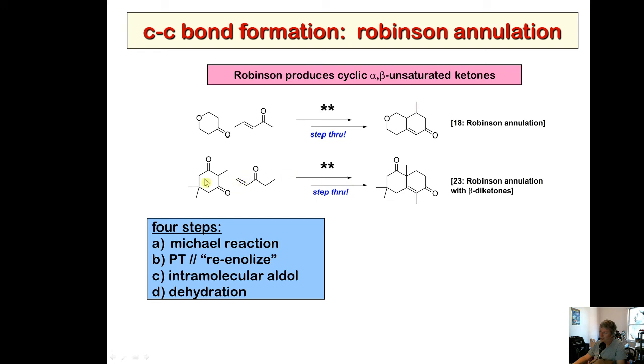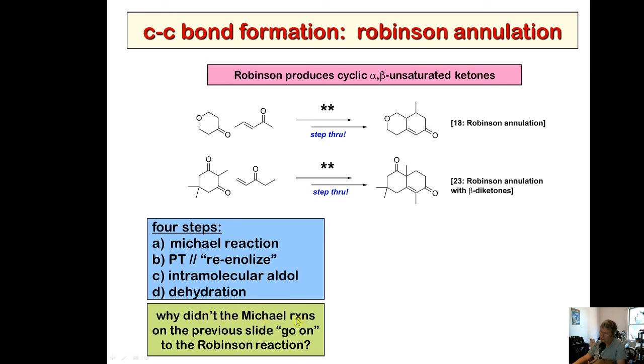It's the same exact thing on the bottom, it's just you have an extra ketone. The other difference is this is a less acidic proton, this is a more acidic proton. Okay, step through these. Do this yourself. Make sure you understand this.